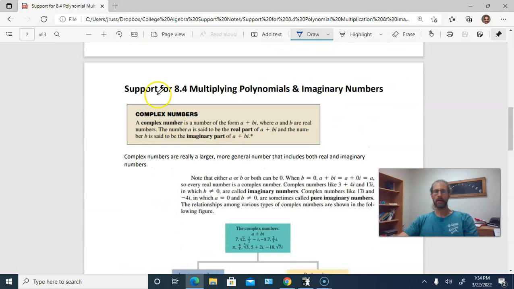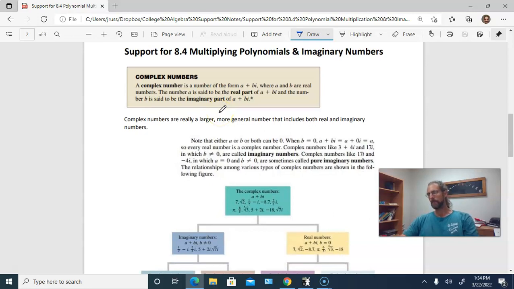Okay, so let me talk about the complex numbers for just a little bit. So far in this class we've really only focused mainly on real numbers. So real numbers are basically any number you've come into contact with for the most part, other than i. But complex numbers are actually a larger set of numbers. It's a bigger set that includes the real numbers, and it also includes the imaginary numbers. And so for that reason, complex numbers can be written in this form, a plus bi.